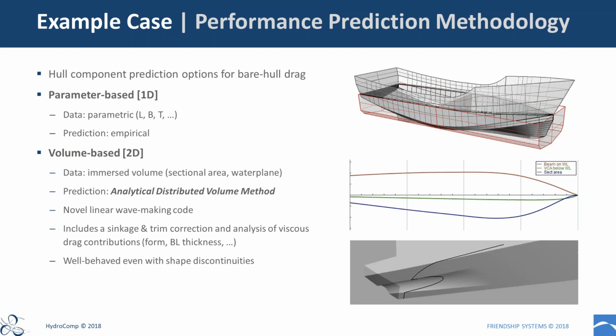Don't overly constrain the hull, so that CAESES can do its job and really find those shapes in conjunction with a code like our analytical distributed volume method in NavCad to fit the shape of the immersed volume into an optimized setting.